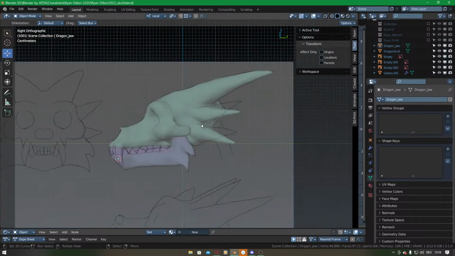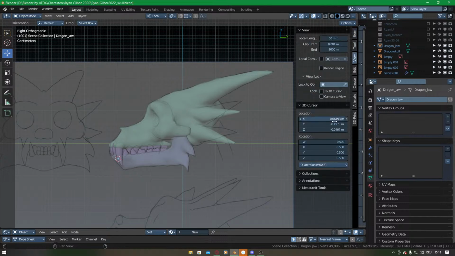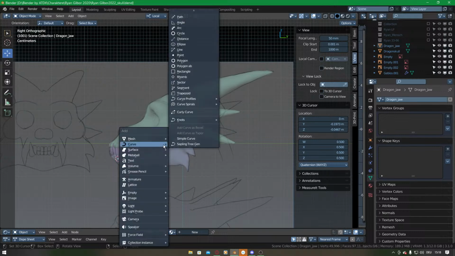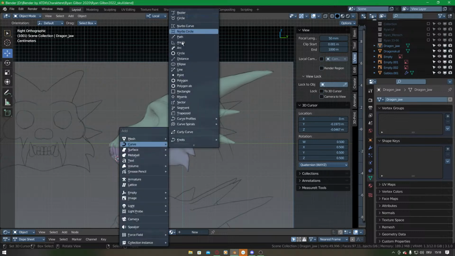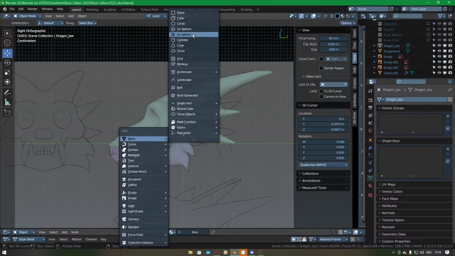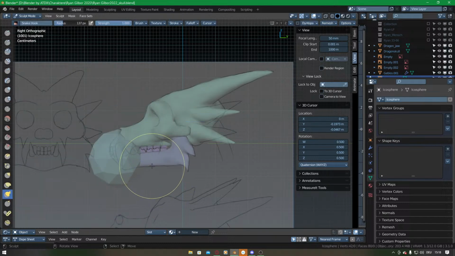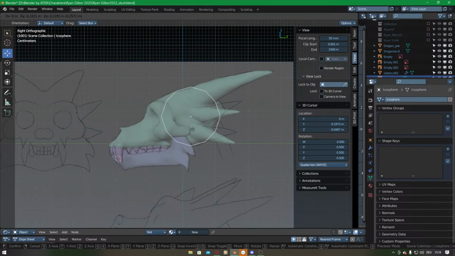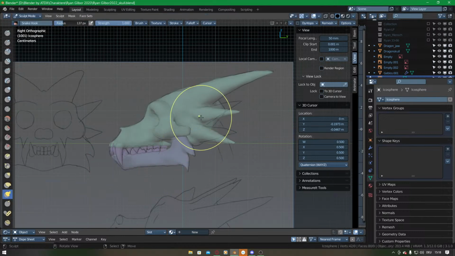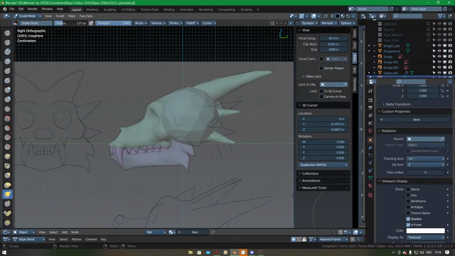So let me just get an egosphere here. And then I will basically just fill out the area that is the brain.